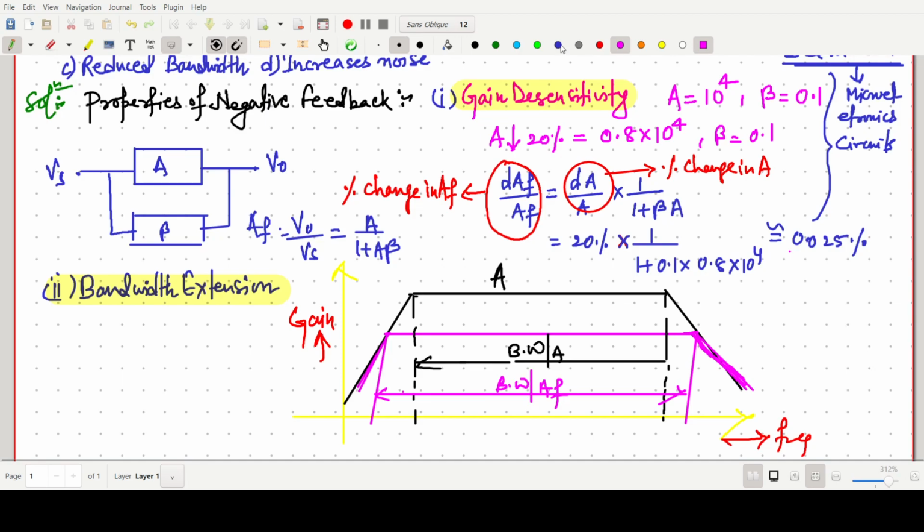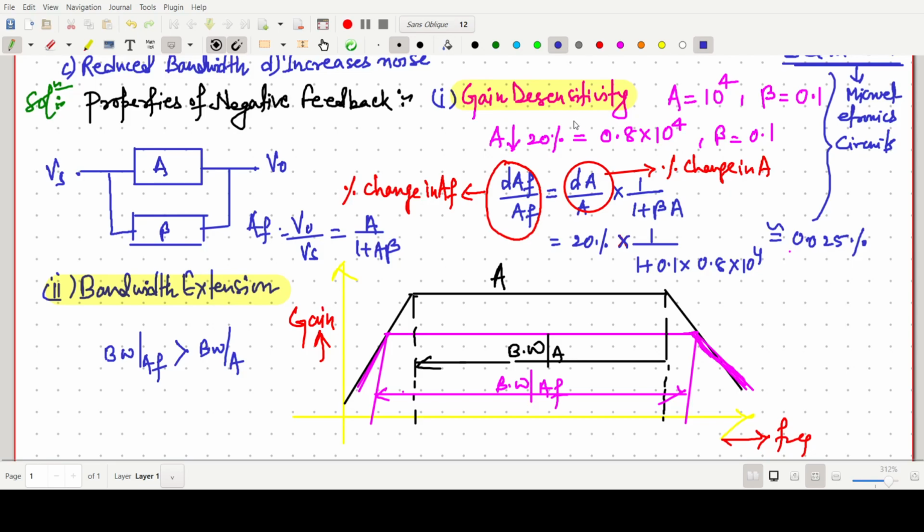So from this, in brief, we can say the bandwidth of the feedback amplifier will be greater than the bandwidth of A. So this one is also very important. For all the detail, I will share a link also, but these are the simple properties.